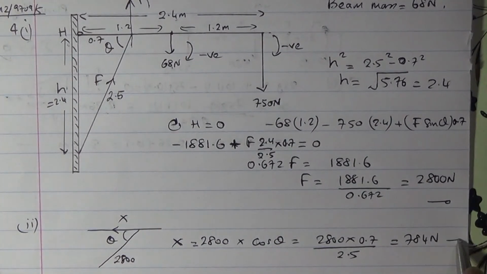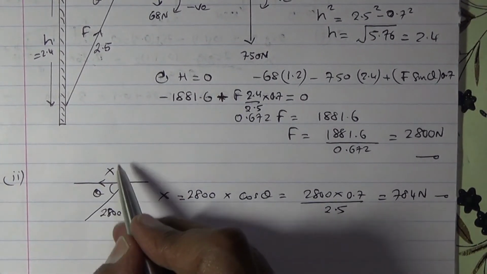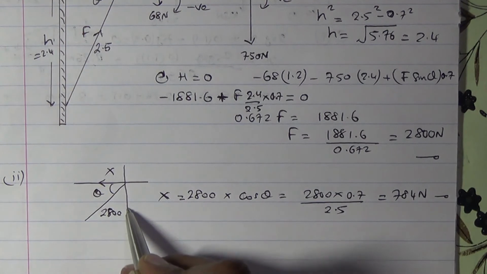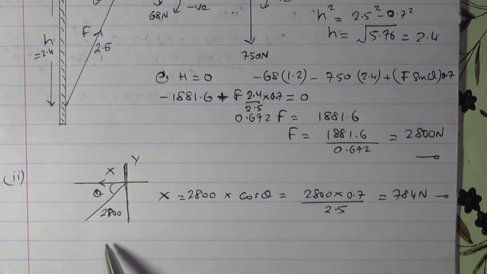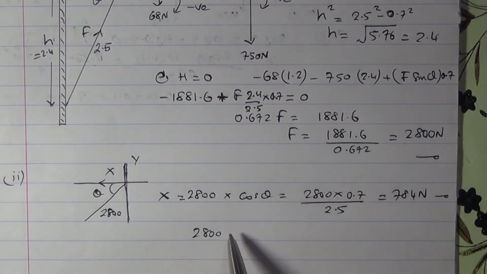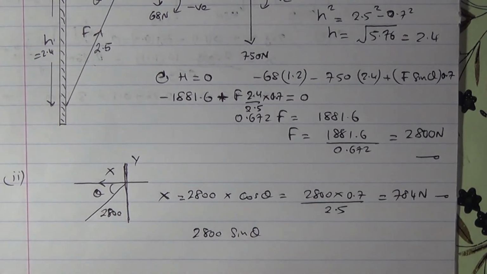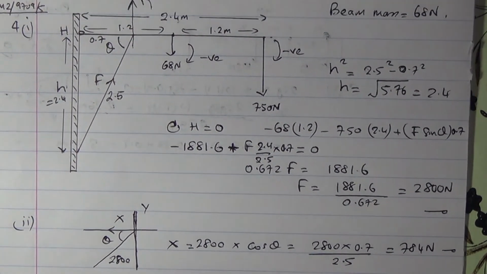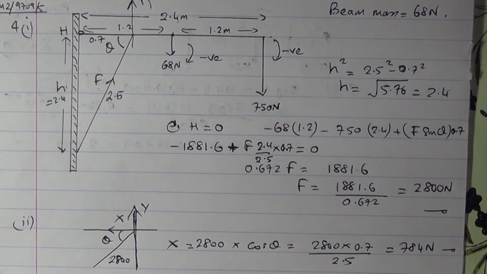Nothing difficult. And the Y component of the force, of course, is the force acting vertically. So the Y component is going to be equal to 2800 times the sine of theta. And remember, there are two other forces. This one is going up, so it's positive, minus the two going down, 68 and 750.